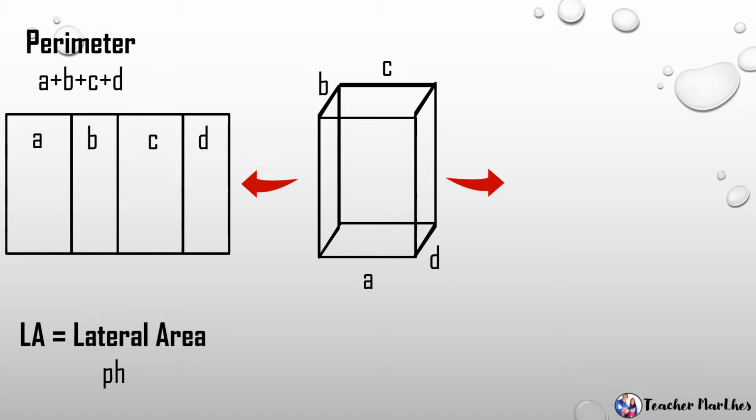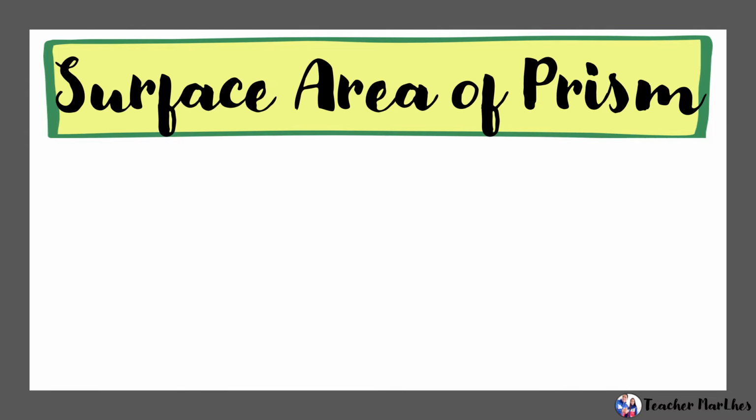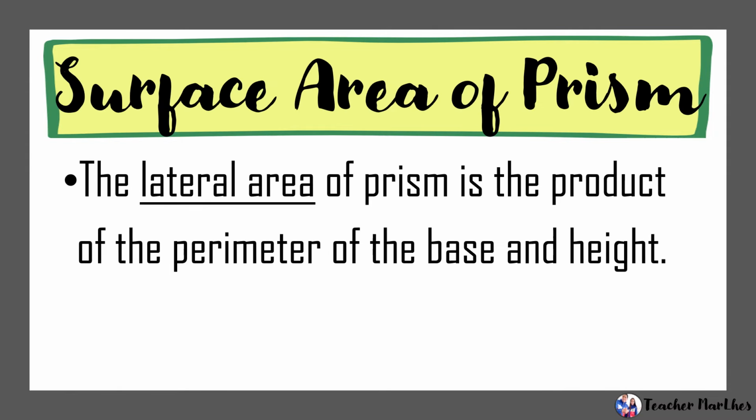Para naman sa formula ng surface area, lateral area plus 2 times the area of the bases. Bakit times 2? Kasi dalawa ang base ng rectangular prism, the top and the bottom. For the surface area of a prism, the lateral area of the prism is the product of the perimeter of the base and height.